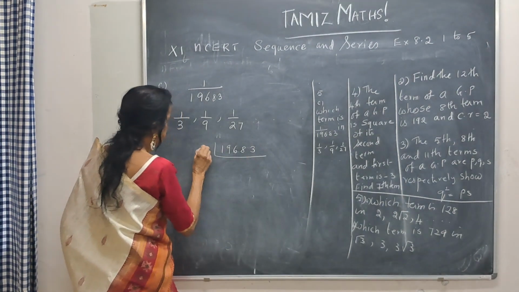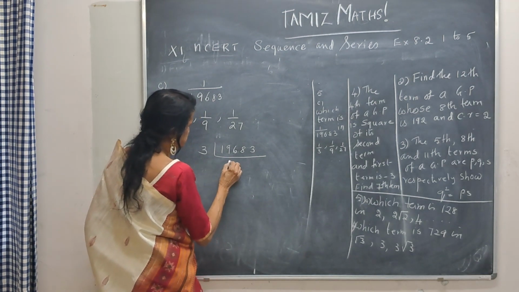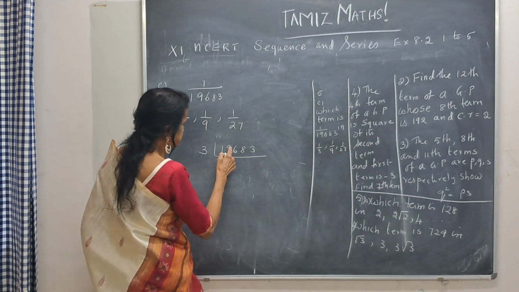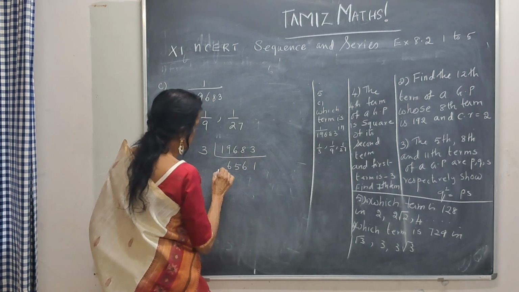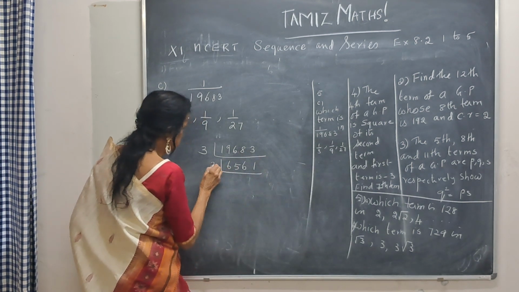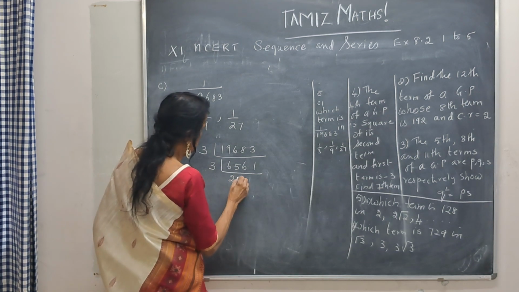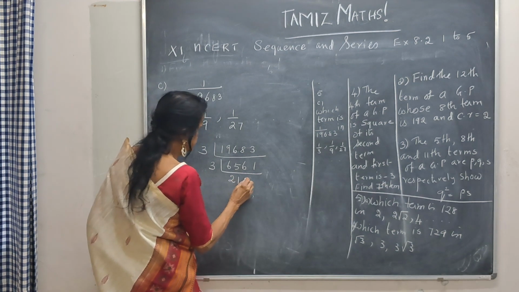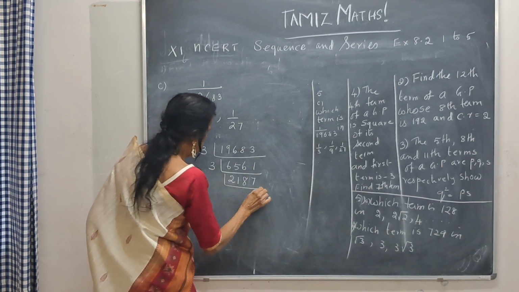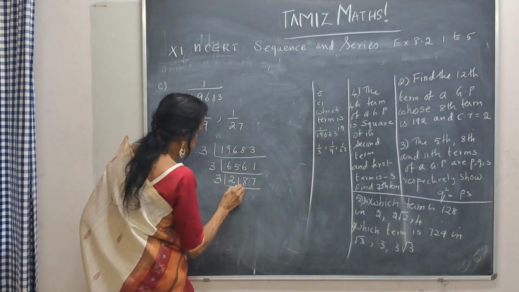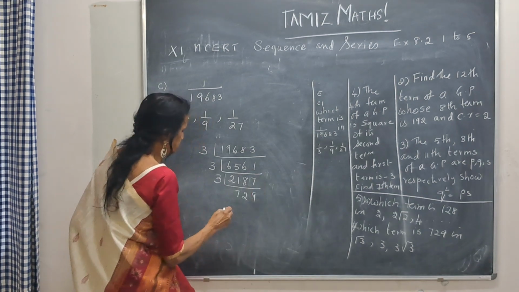Divide by 3. What do you get here? 6561. Divide by 3 again, 2187. Divide by 3 again, 729.